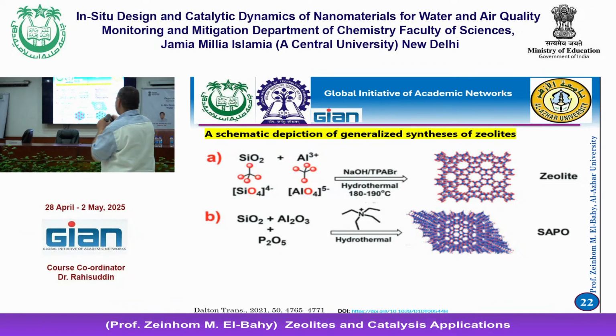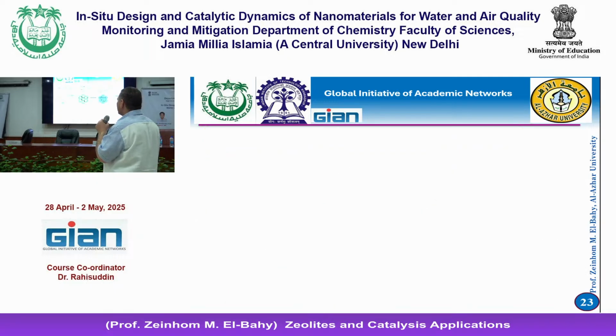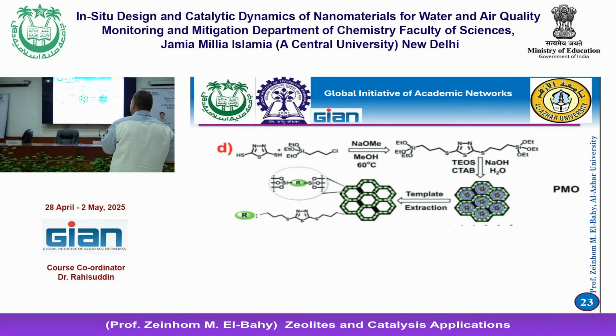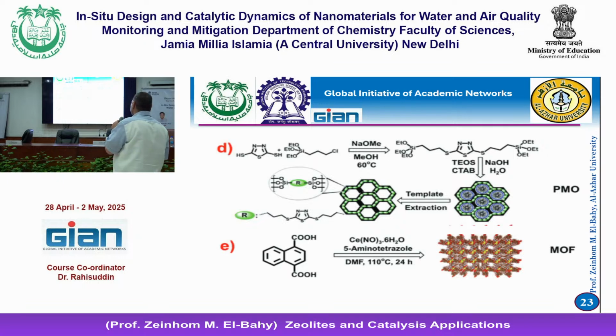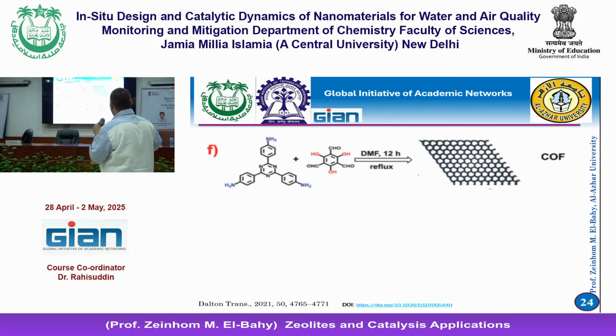And this is another type, mesoporous silica. And this is another story, another type of zeolite. They are preparing PMO, and this is MOF, metal organic frameworks, and of course this is another story, like COF and VOF.